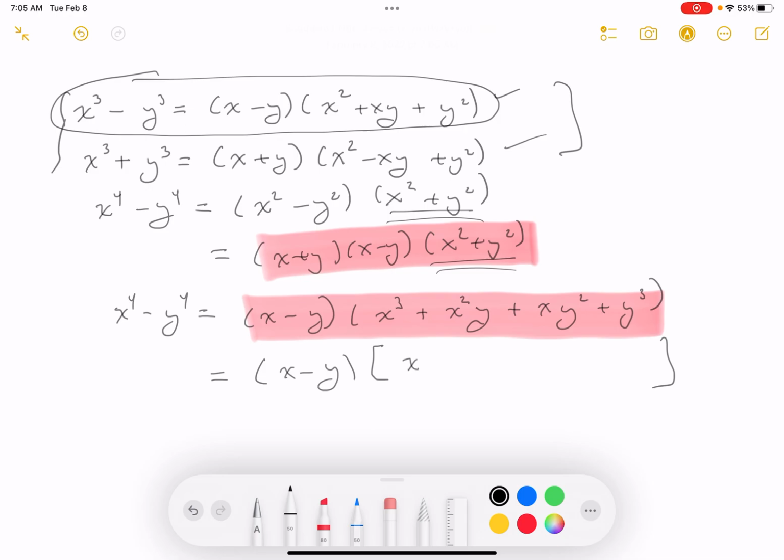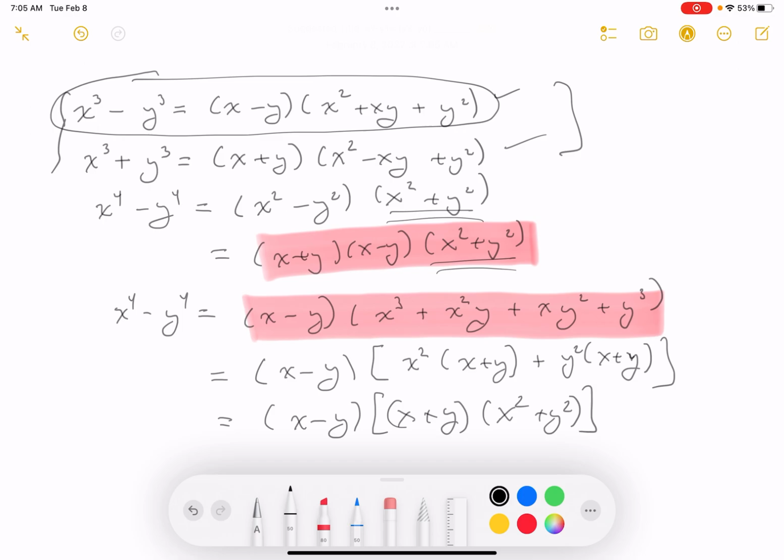I see x squared times x plus y, plus y squared times x plus y. Then I'd factor out the x plus y, and you're left with x squared plus y squared. So lo and behold, what do we get? The same exact thing.